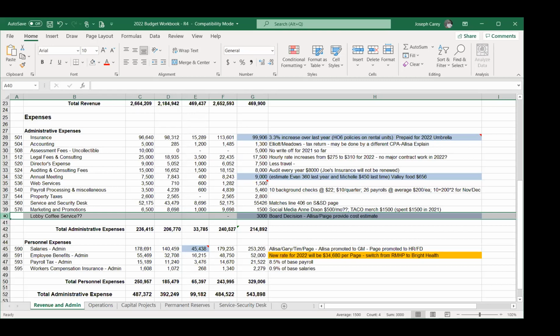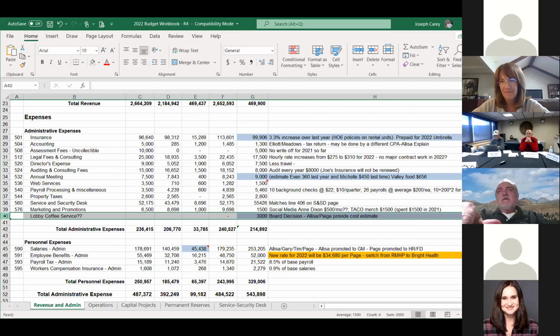Does anybody else on the board have an opinion on the coffee in the front lobby? Yeah, I want to put in an endorsement for maintaining the coffee service, regardless of whether staff uses it more than owners.